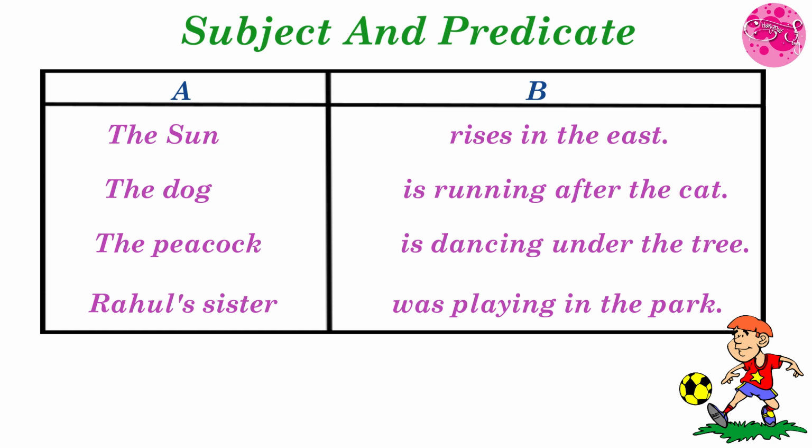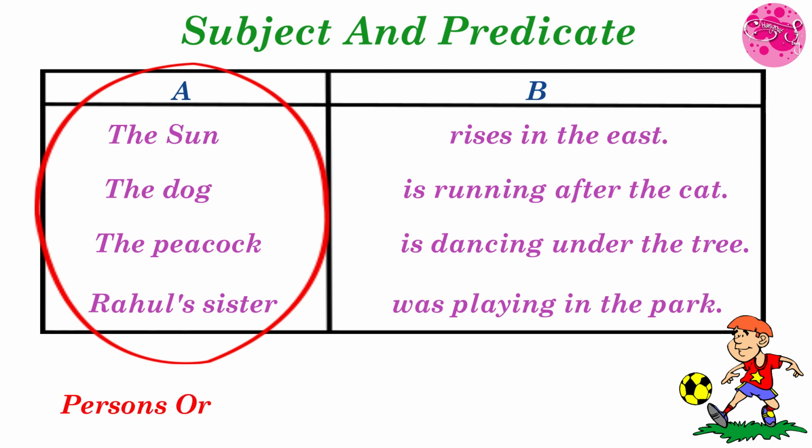Children, what have you noticed in the sentences? Part A contains the person or the things we are talking about. Okay? The sun, the dog, the peacock, Rahul's sister. These are the persons, or the things or the animals which we are talking about.